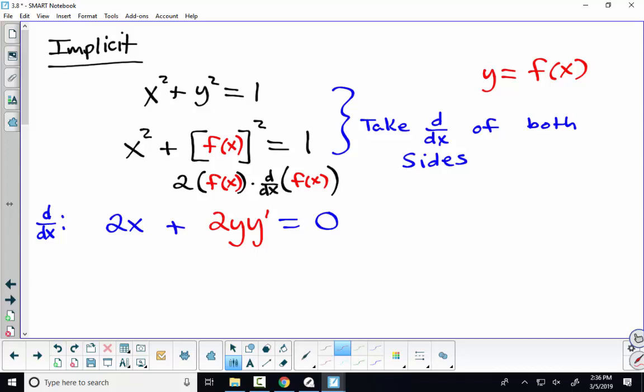So that's really the technical reason behind that. I think it's easier, operationally, to think that when I take the derivative of y, I apply all of the normal rules that I normally would, but the only additional step is that I've got to multiply all of it by a y prime. That's in practice what it boils down to.